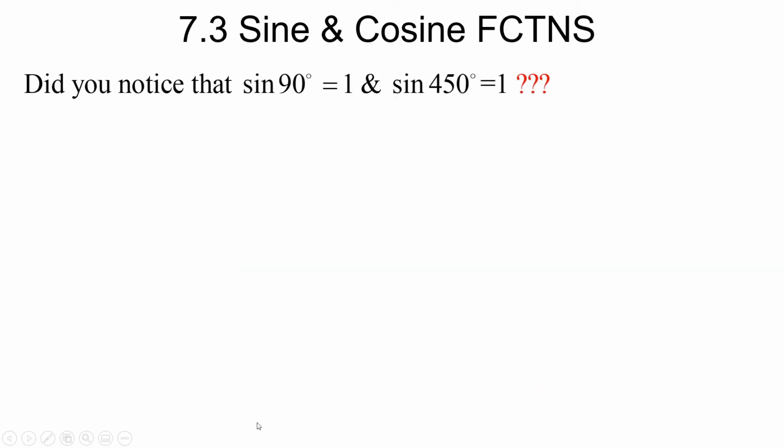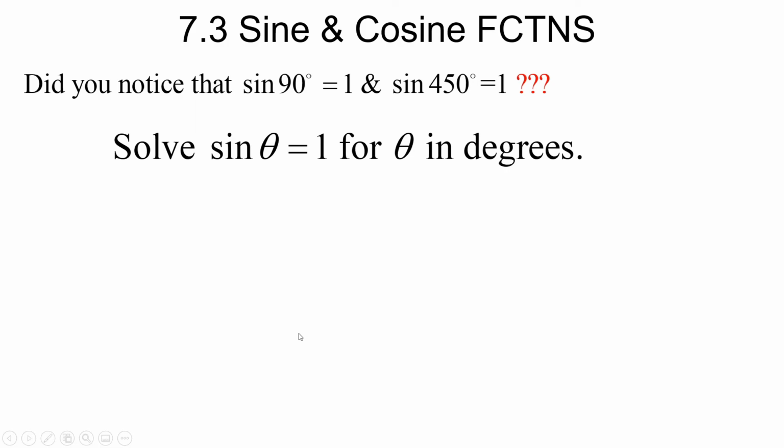All right. Did you notice that sine of 90 equals 1 and sine of 450 equals 1? Okay, very important. We're going to solve sine of theta equals 1 for theta in degrees. So if I'm going to solve for this theta right here, I've got to undo this sine with inverse sine.